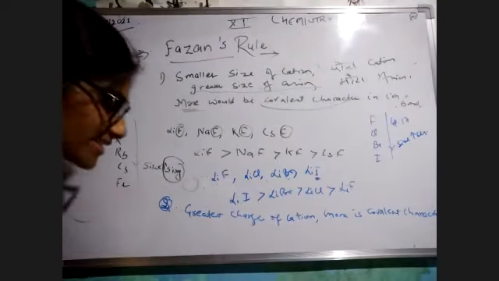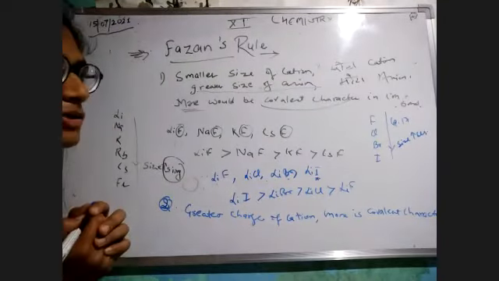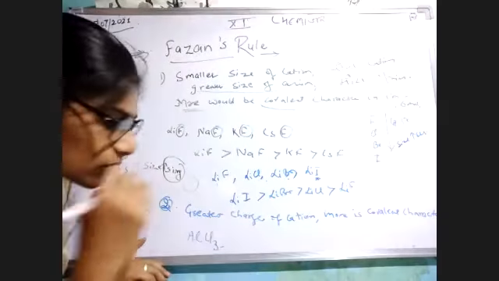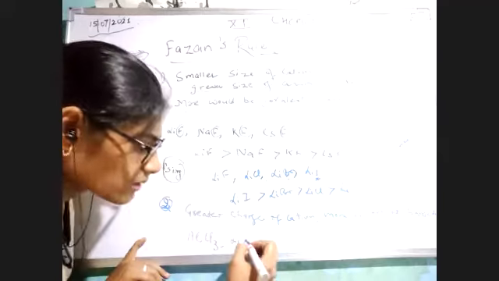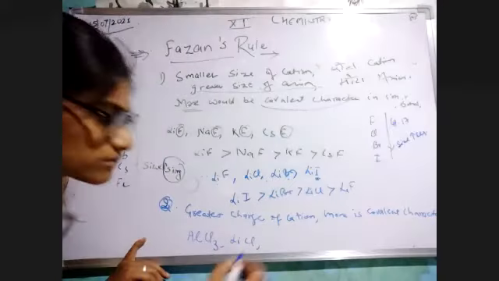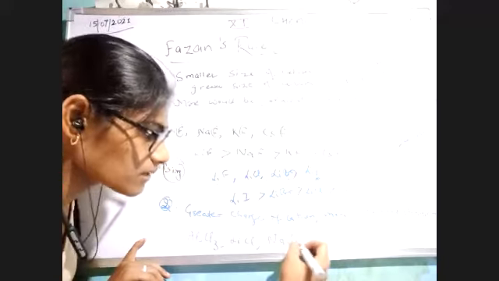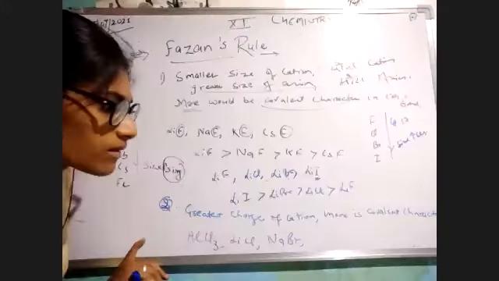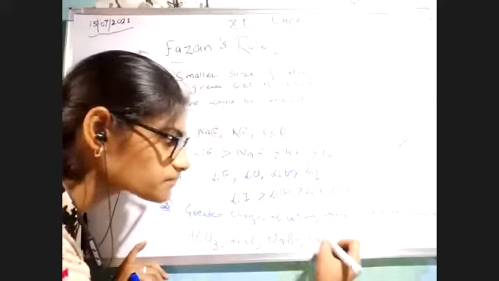Now let's take another example. For example, you have aluminium chloride, lithium chloride, sodium bromide, and calcium chloride.